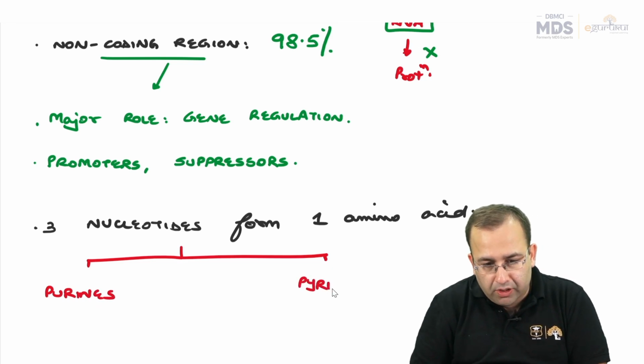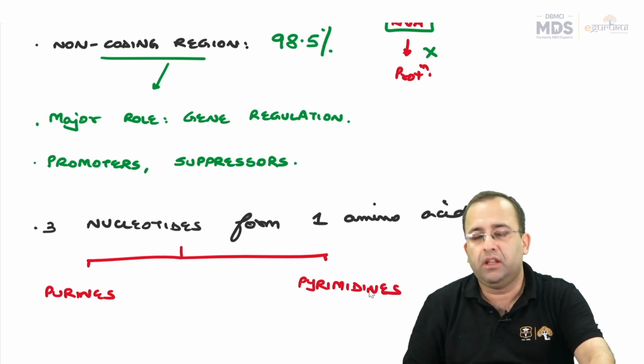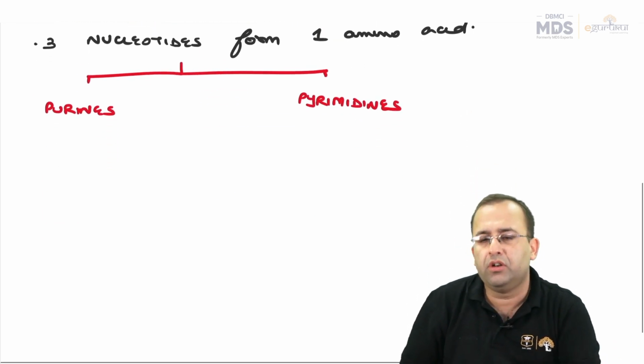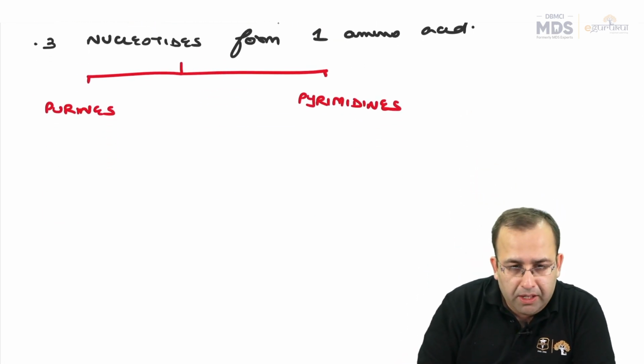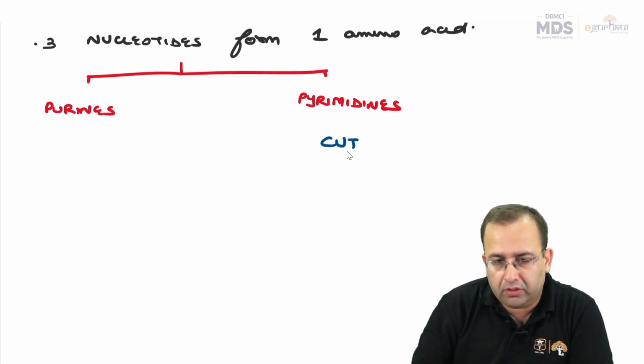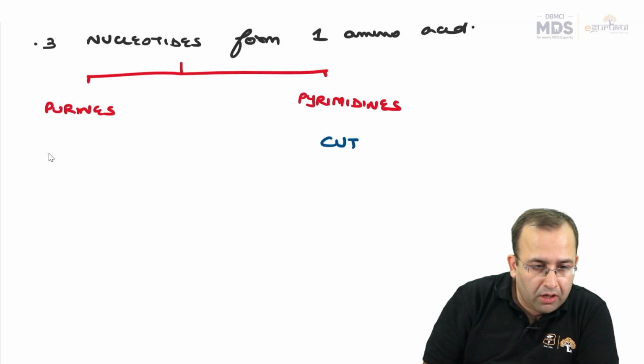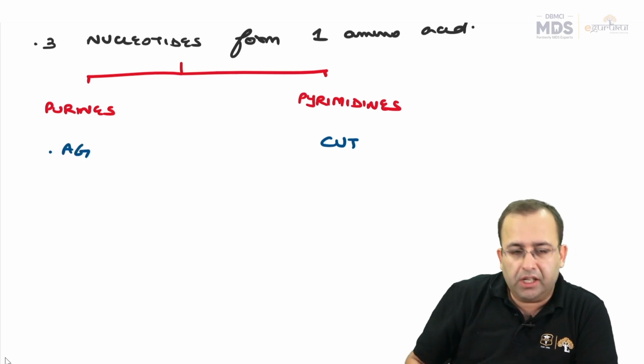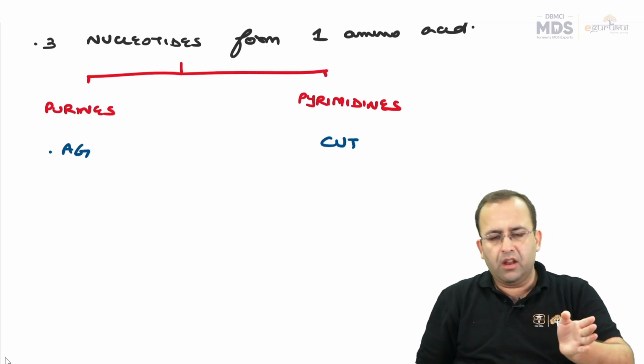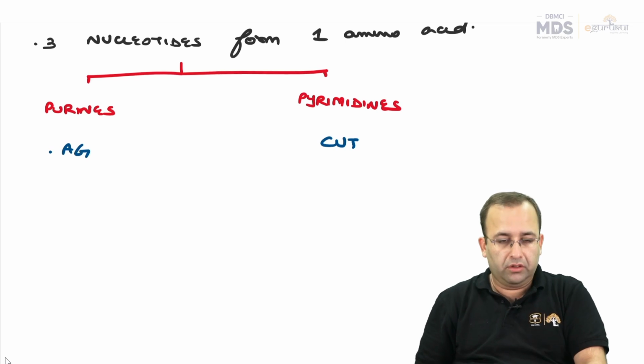There are 3 pyrimidines, that is cut: cytosine, uracil, thymine, versus A and G, which are the purines. Okay, basic, you already knew this.